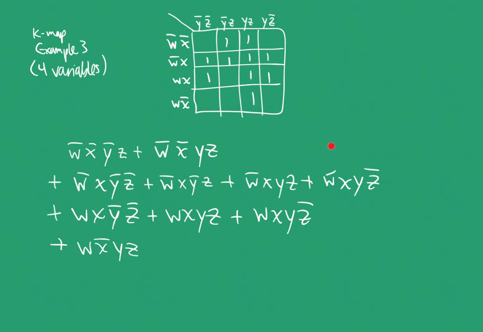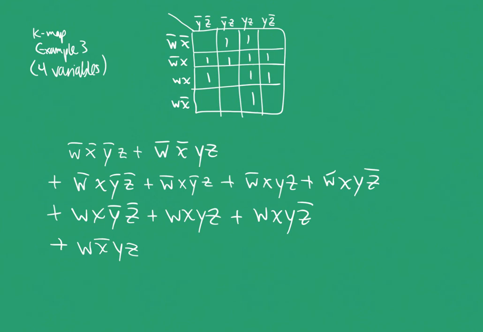There's nothing special about the order in which I wrote these terms. You would not necessarily find these terms in this order if you were given a problem like this. For convenience, translating from the K-map, I just went row by row, looked at the ones, and figured out what min term is represented by that filled in cell in the K-map.